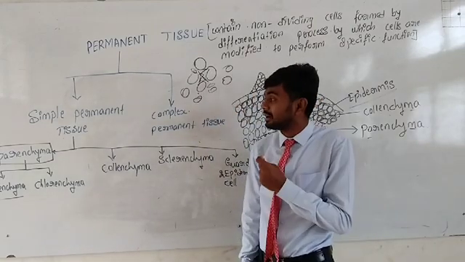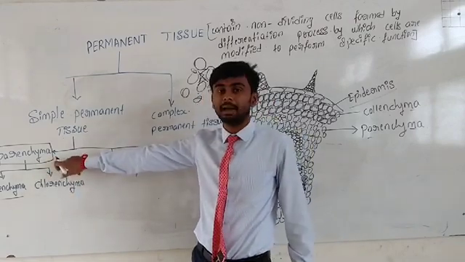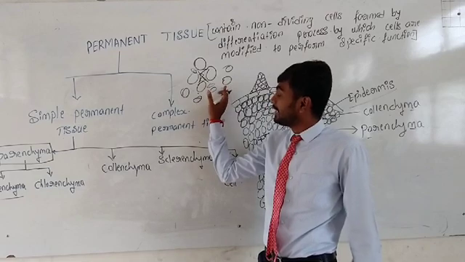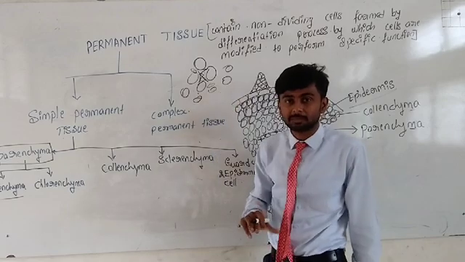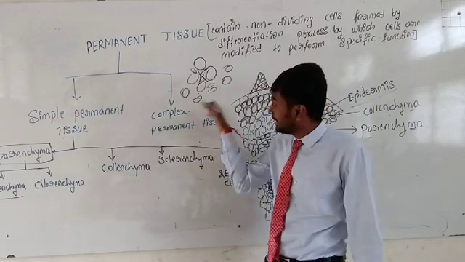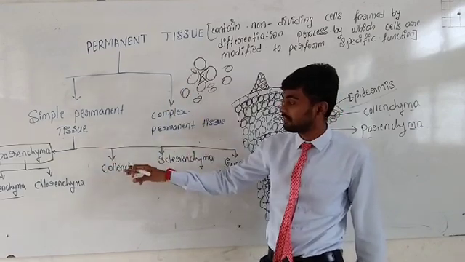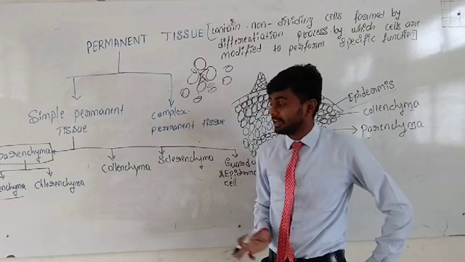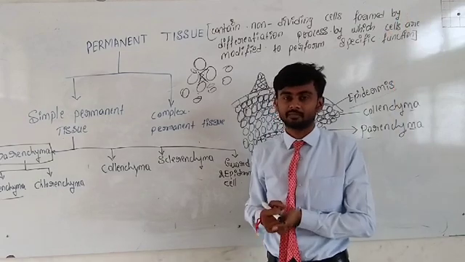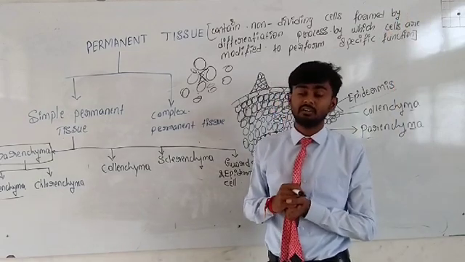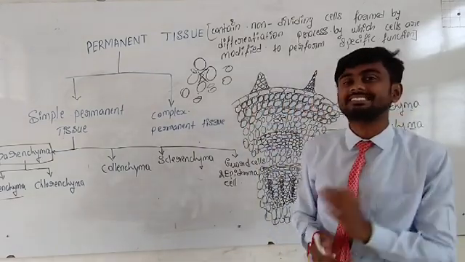What do you mean by aerenchyma? A type of parenchyma where the empty space is present between the two cells, and in that empty space air is present. Clear? Again, these parenchyma cells have chlorophyll pigment. That chlorophyll pigment performs photosynthesis.